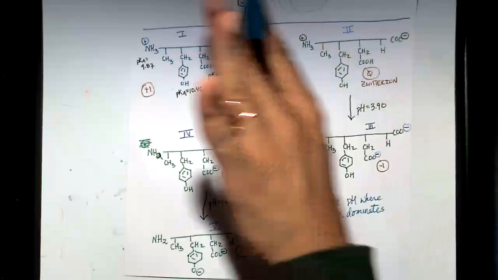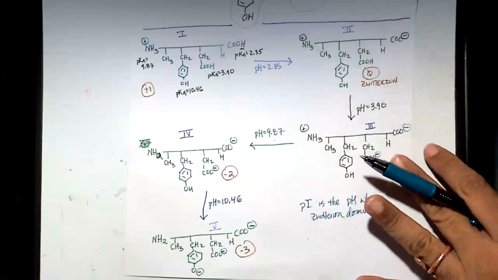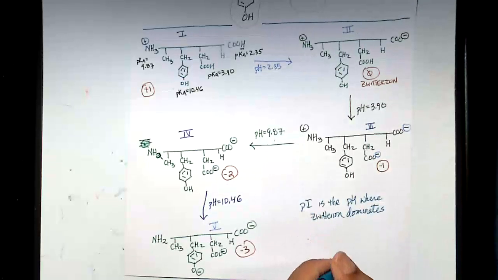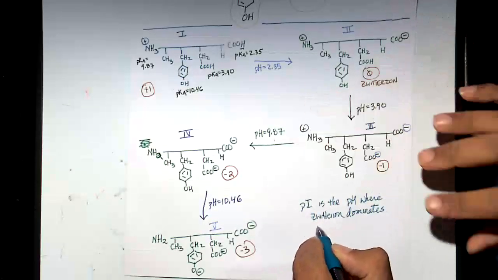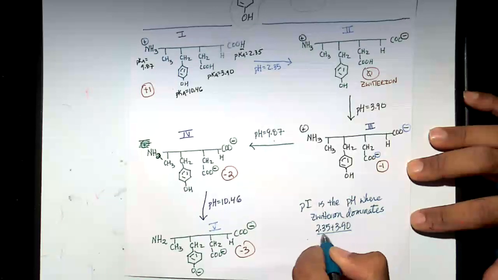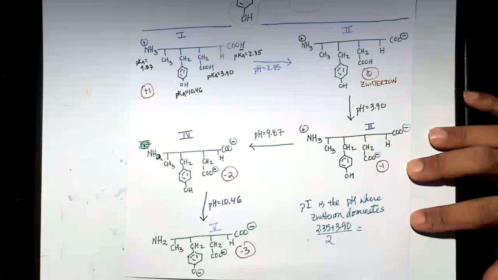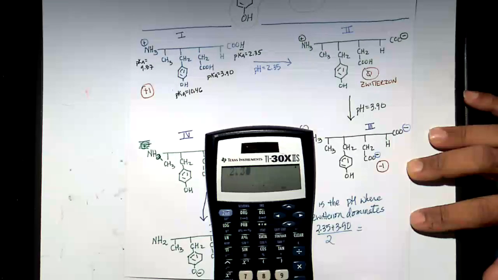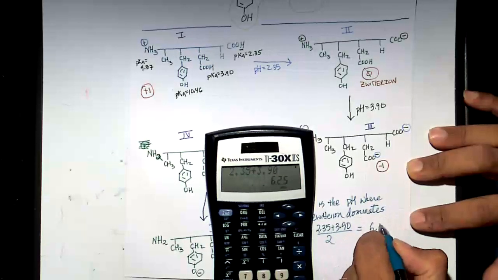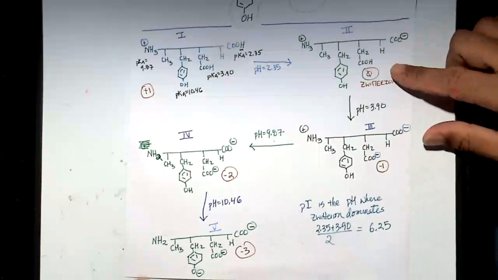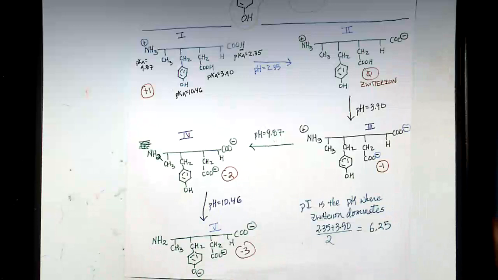At form 2, 50% is the zwitterion, and at pH 3.9, 50% is the zwitterion, and then the rest is the other version. So we're going to take 2.35 plus 3.90, and we're going to divide it by 2. And what do we get when we do that? About 6.25. So at a pH of 6.25, this is the most populous.